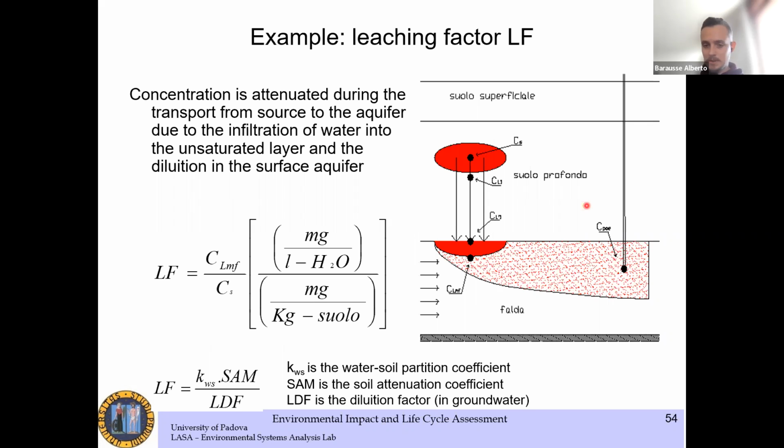And this is just an example to calculate the leaching factor, which takes into account the fact that concentration of a contaminant in soil and groundwater is attenuated during the transport from the source to the groundwater due to infiltration into the unsaturated layer and dilution.